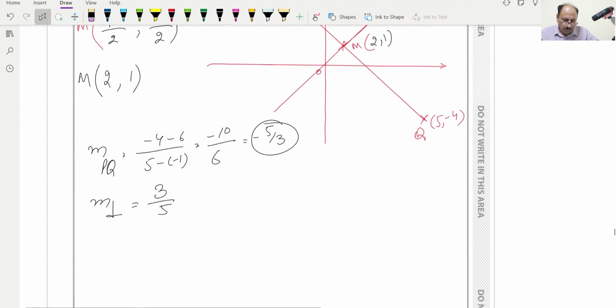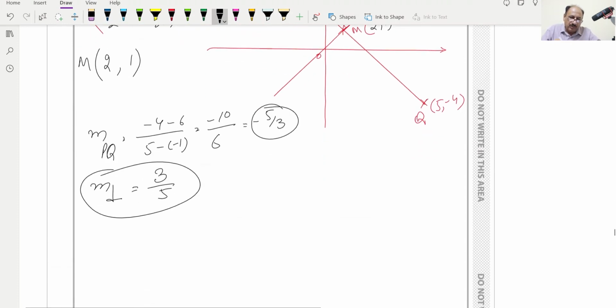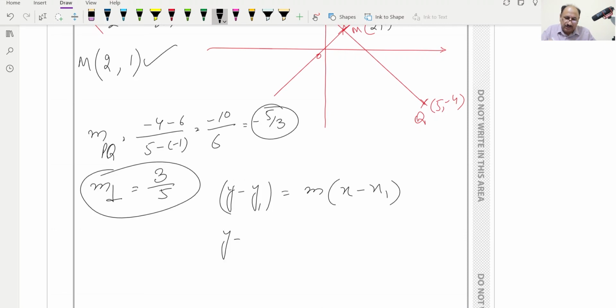So we have the gradient of the perpendicular and the point also on the perpendicular. Now we can write the equation y minus y1. This is the equation of a line in point slope form. y minus y1 is equal to m into x minus x1, and y minus y1 we can take as y minus 1, from this point we are taking, and m will be 3 by 5, which we have just calculated, and x minus x1, which is x minus 2.